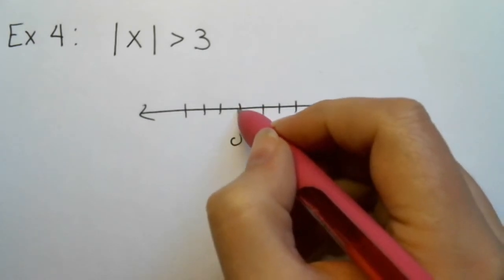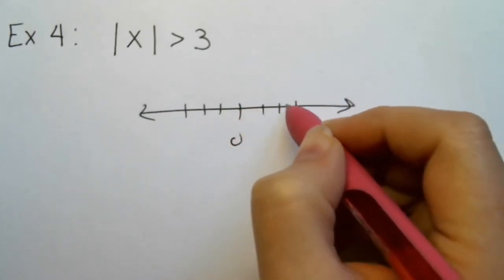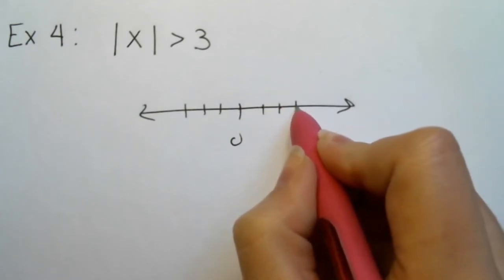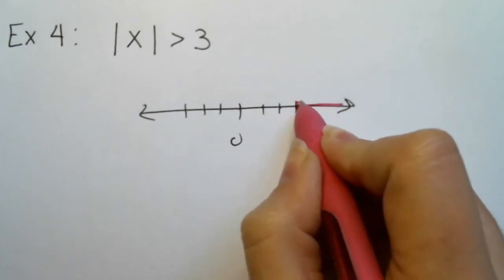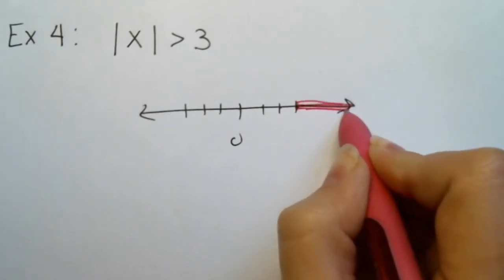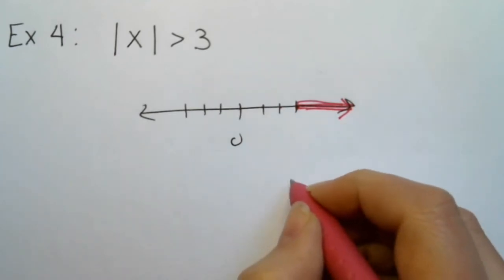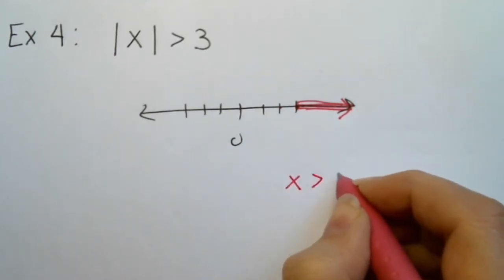So first I'm going to go out to the distance where it's 3. So here's where the distance is exactly 3. So I want to be further away from 0 than this. So this is where it's further away, and I can see that this is corresponding to x is greater than 3.